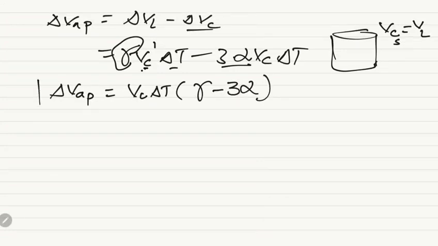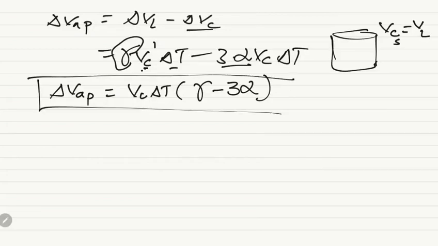This is how you get the apparent change in volume, or the volume overflow. But this gamma of the liquid minus the volume coefficient of the solid container is usually denoted as the apparent coefficient of volume expansion.